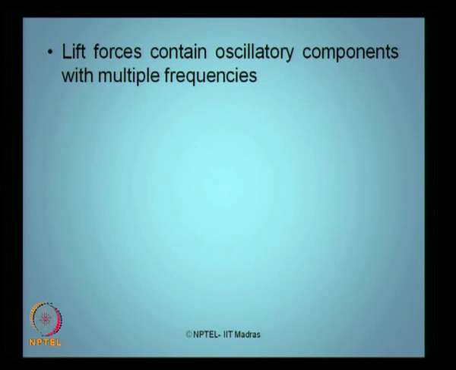The lift forces contain oscillatory components with multiple frequencies, which is very important because the frequency bands are different.